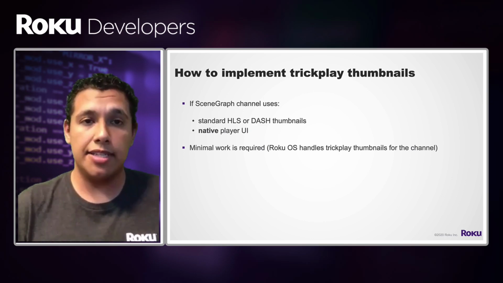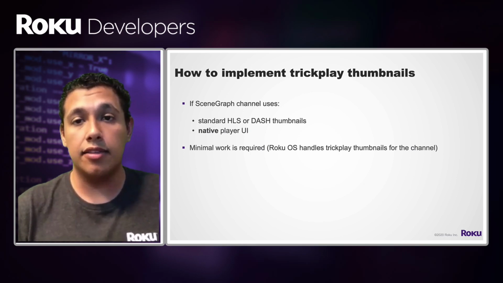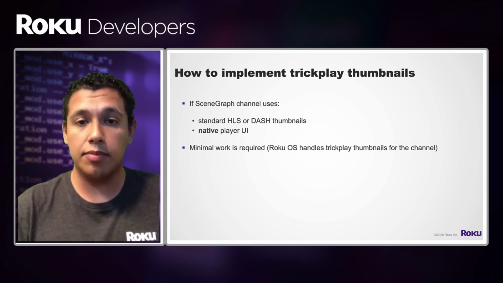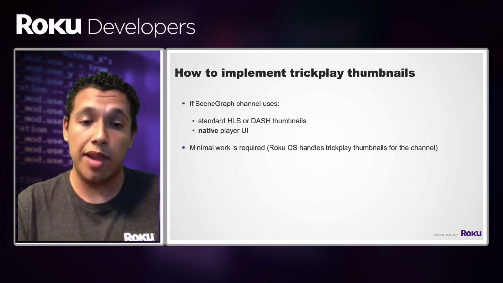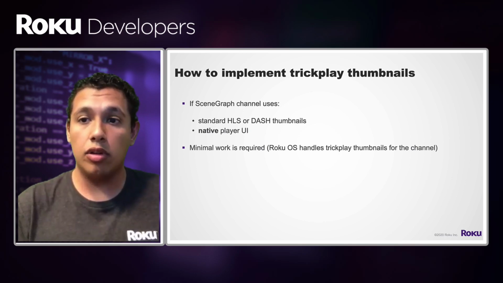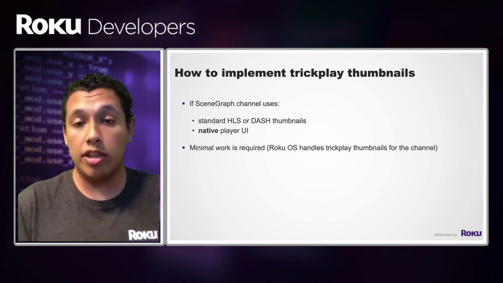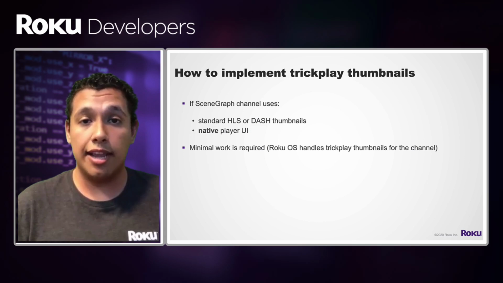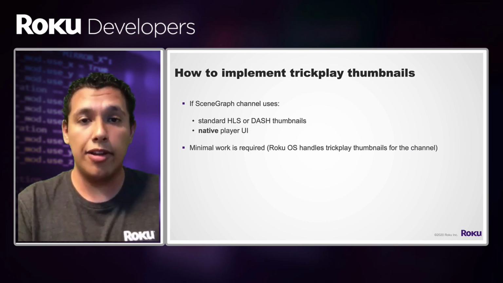Most of what happens is that the Roku OS will detect that there are image playlists presented inside of the master manifest, and the firmware will be able to detect those thumbnails and space them out, so that when the user is scrubbing through content, based off of the manifest metadata, it should be able to display those thumbnails seamlessly. So very little work has to be done by the channel developer for it to work with the native UI.